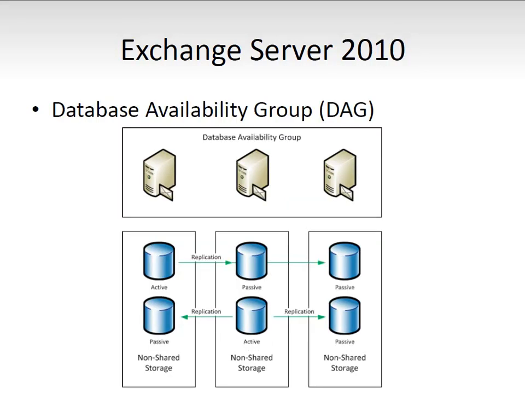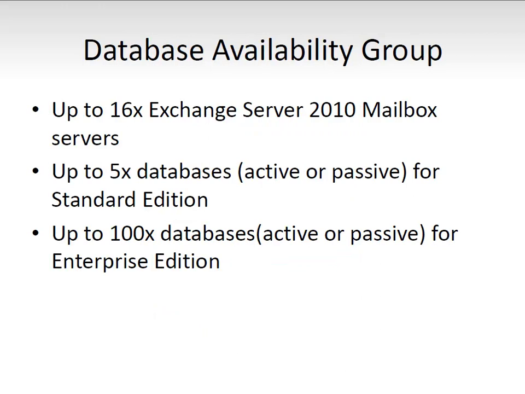So Exchange Server 2010 simplifies the high availability choices for us by giving us just one, which is the database availability group. A database availability group consists of up to 16 Exchange Server 2010 mailbox servers, and each of the members of a database availability group is able to host a different number of mailbox databases depending on the edition of Exchange that you're licensed for.